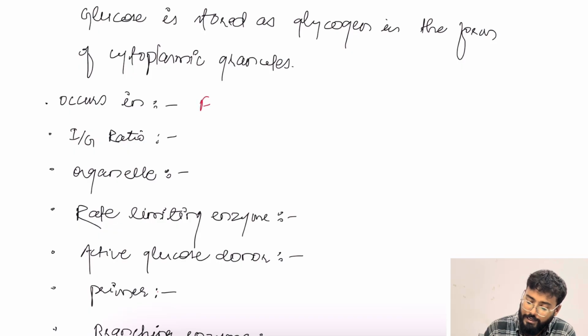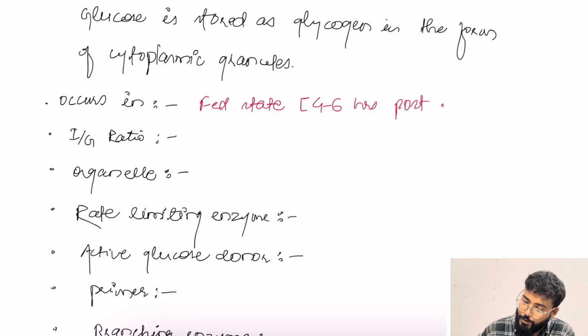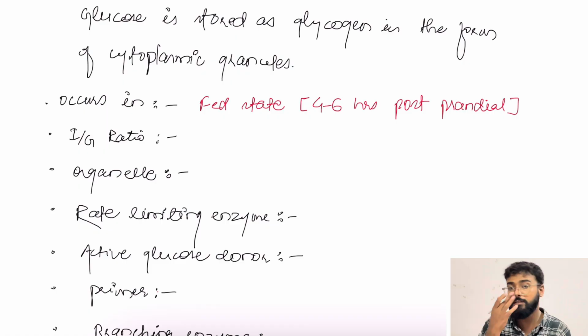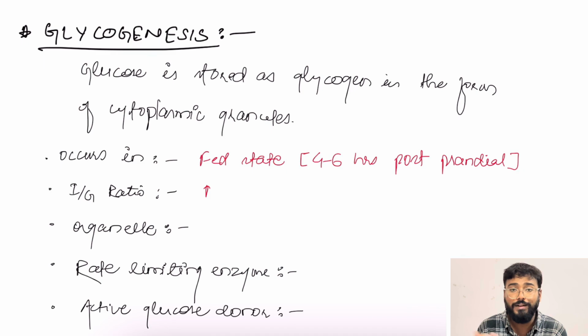It occurs in the fed state, that is 4 to 6 hours postprandial, meaning after having your food, and the IG ratio, that is the insulin glucagon ratio, should be high in order to facilitate glycogenesis.